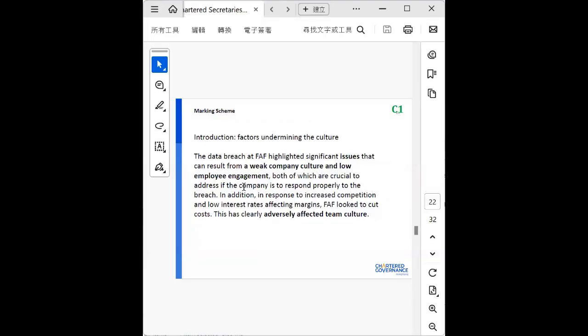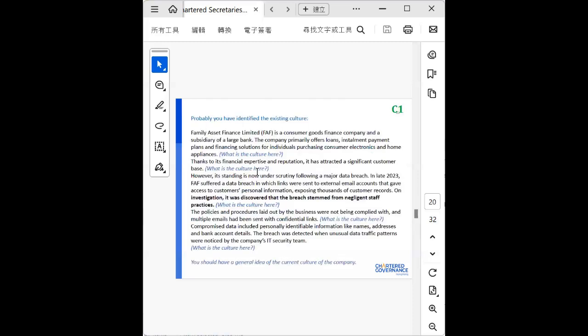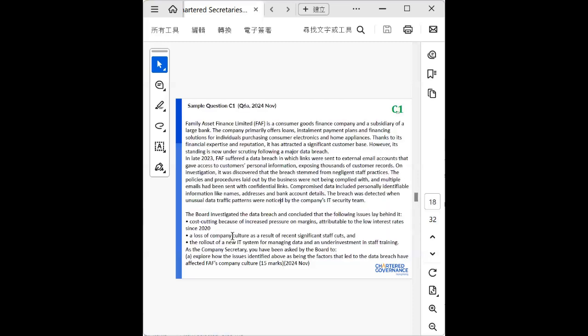Basically some of the issues lead to the weakening of the culture. If you look back in the question, it mentions some of the reasons: cost-cutting measures, low interest rate, and quite a number of things that lead to the weakening of the culture.